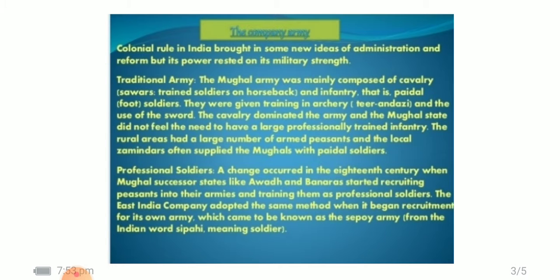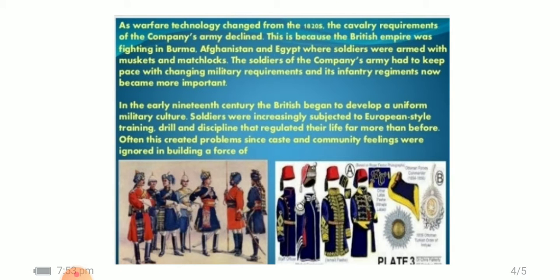The East India Company adopted the same method when it began recruitment for its own army, which came to be known as the Sepoy army, from the Indian word sipahi, meaning a soldier. As warfare technology changed from the 1820s, the cavalry requirement of the British army declined.